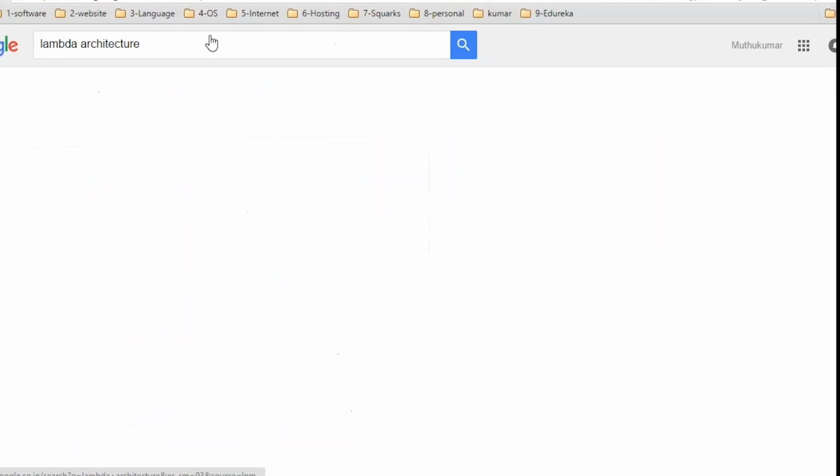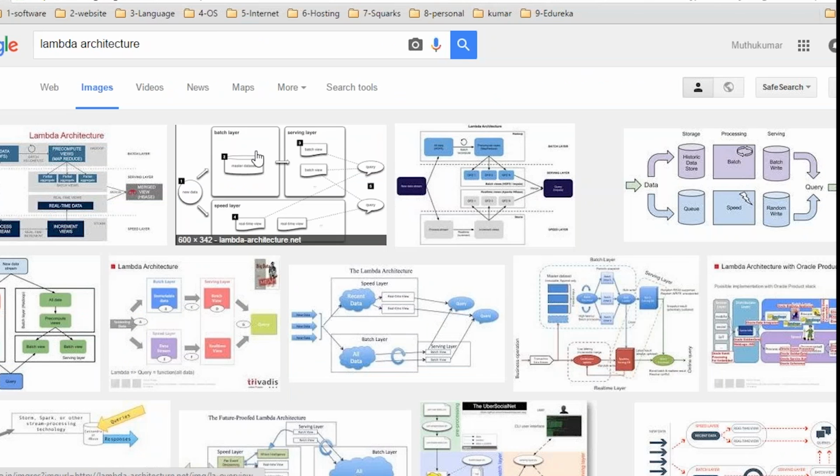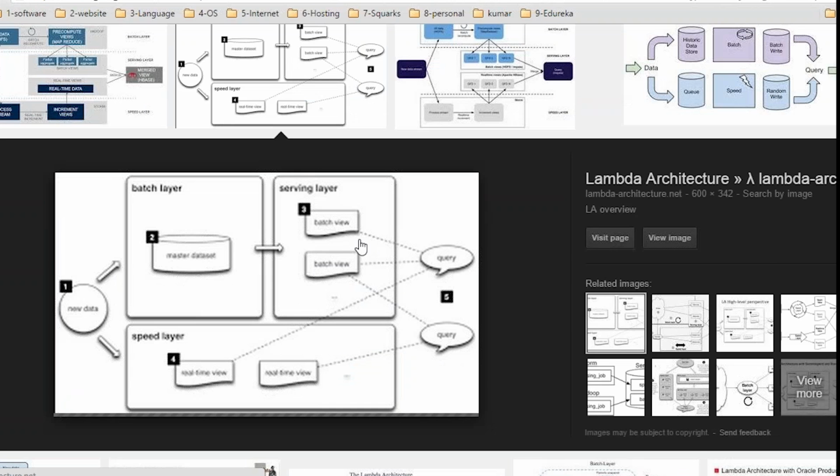So Struts, Hibernate, everything will come in the speed layer, or in the serving layer. That particular layer is going to integrate the speed layer and the batch layer. Hadoop will be serving mostly in the batch layer. The speed layer will do the real-time processing, and it has some components to do the real-time processing as well.